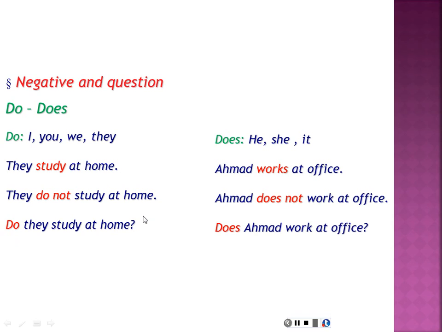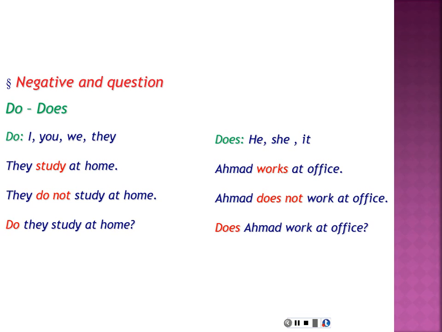On the right hand side, does Ahmed work at office؟ هل يعمل أحمد في المكتب؟ So what we did here also, we added does at the beginning. Ahmed works at office. Does Ahmed work at office? And don't forget to add the question mark. لا تنسوا إضافة علامة الاستفهام في نهاية كل سؤال.